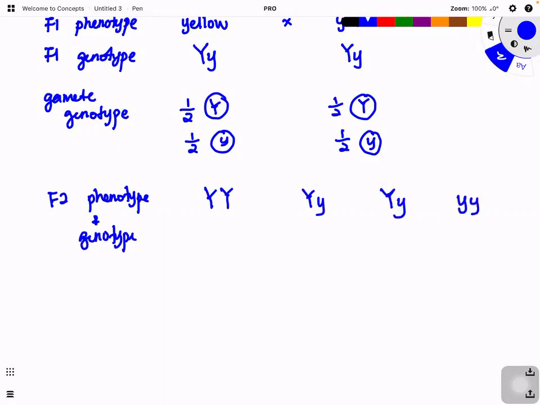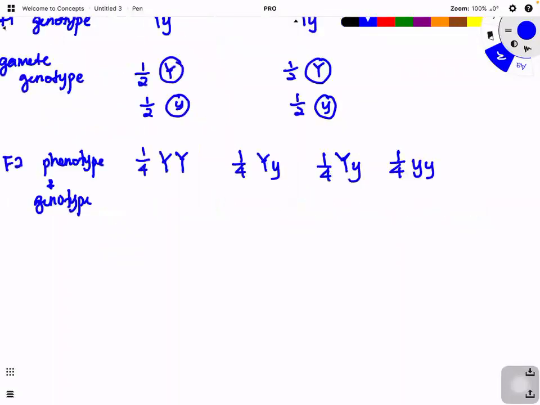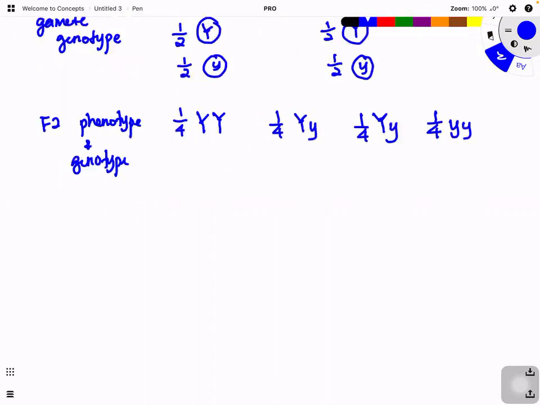Each of them has a 1/4 chance. So this is yellow, because the dominant allele masks the recessive allele, and this is green.